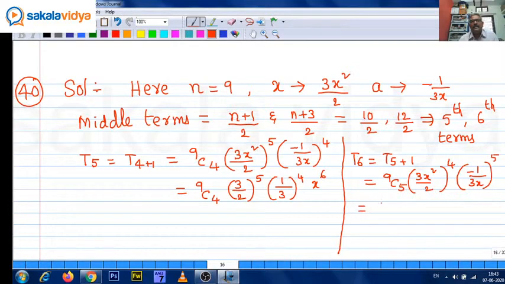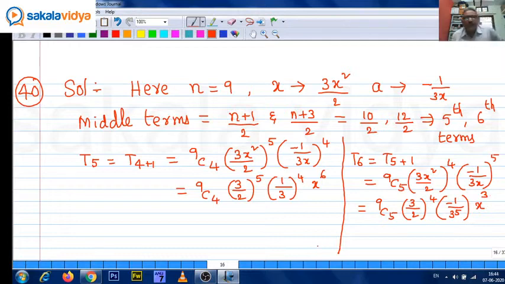This equals 9C5 (3/2)^4 into (−1/3)^5 into x^8 by x^5, which is x³.